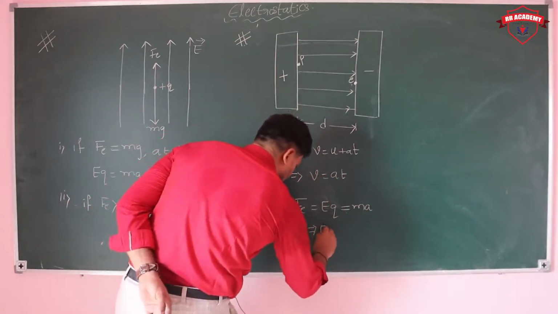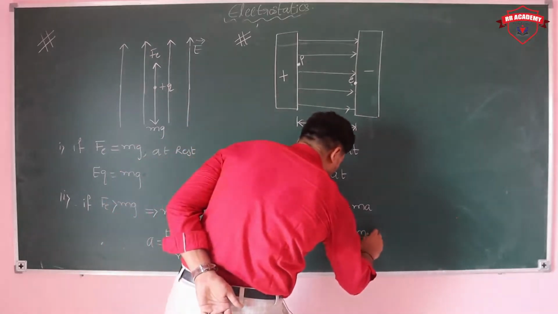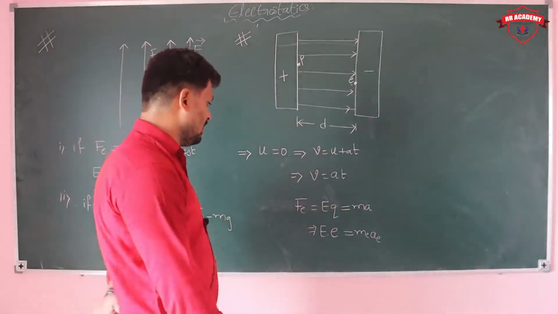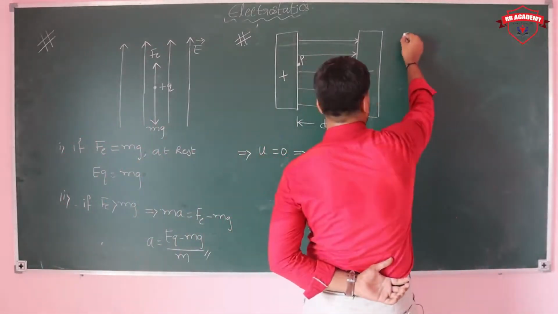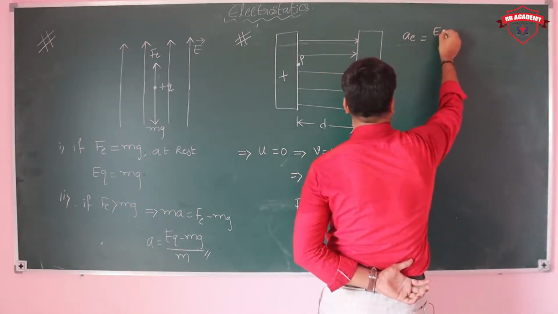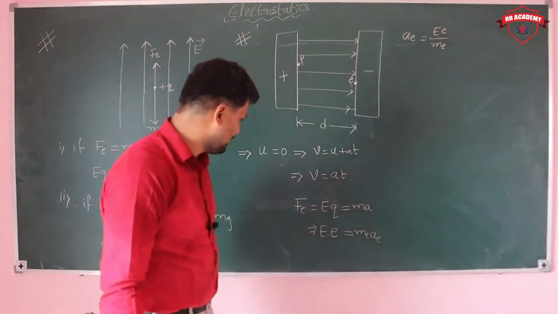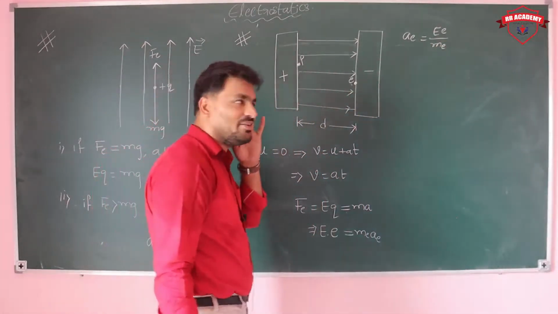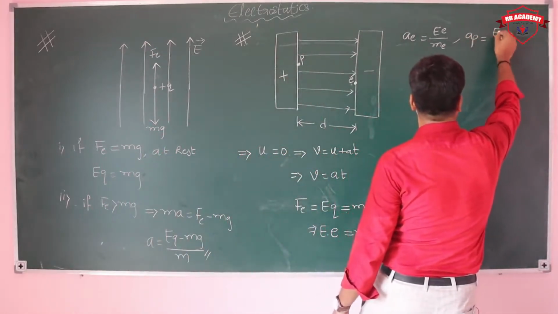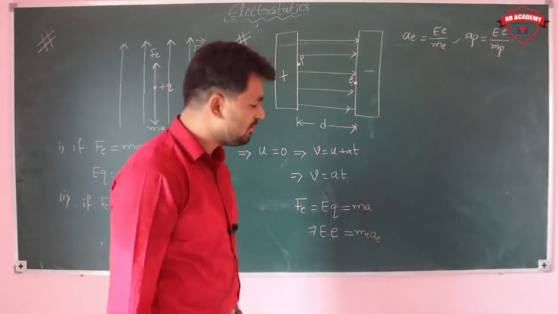So with charge of the electron e, mass of the electron me, and acceleration of the electron ae, the acceleration of the electron is equal to E into e by me. Similarly, the acceleration of the proton is E into e by mp, where mp is the mass of the proton.